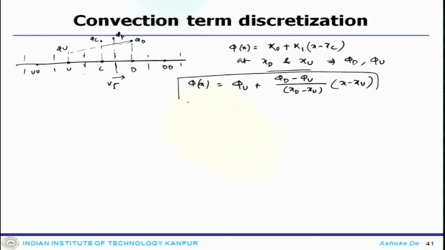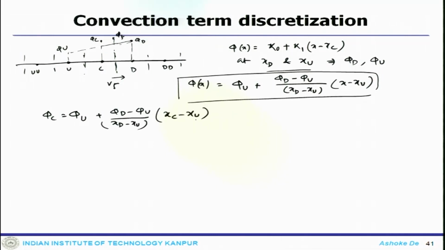That is the function that you get. Now, one can carry out the similar exercise for this particular scheme, and you end up getting that the upwind node phi c can be calculated as phi u plus phi d minus phi u divided by x d minus x u into x c minus x u. So, that is how you get it.